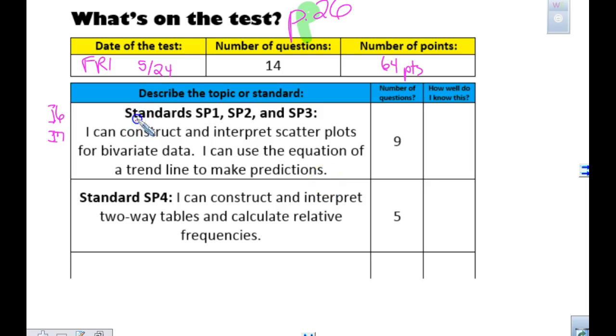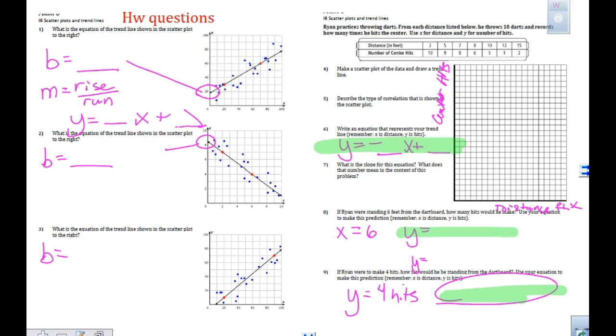When you're constructing it, this is going to be like the 6 points as you are doing those constructions. And then it is going to be almost exactly like on I6, what we just looked at. You will have these questions like I6, 8, 9.